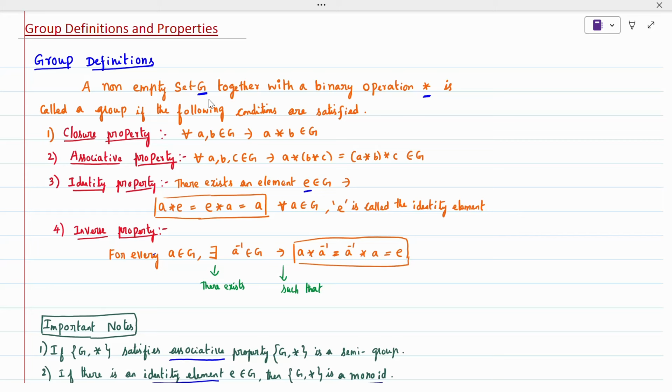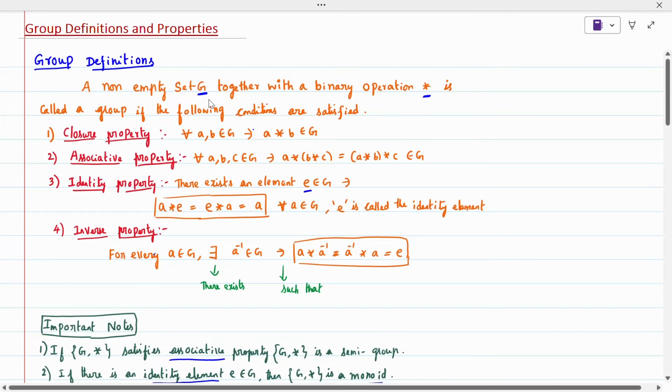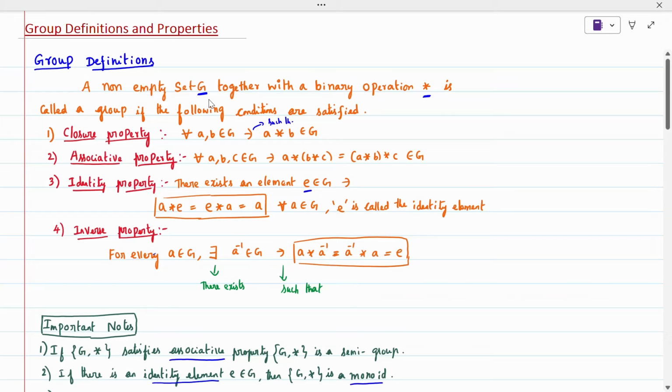Closure property is nothing but when we take, for example, two elements A and B belonging to a group G such that A star B also belongs to the group G. Then we say that the closure property is satisfied.